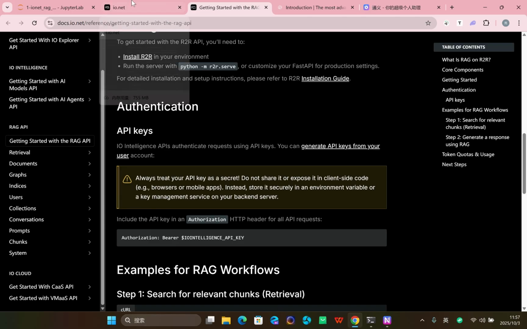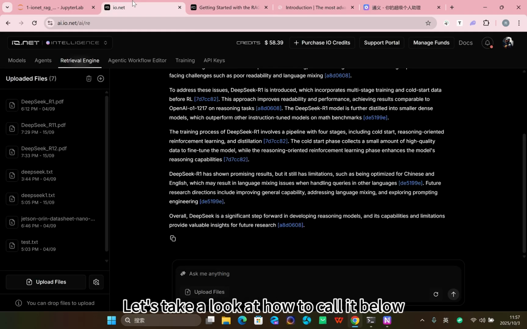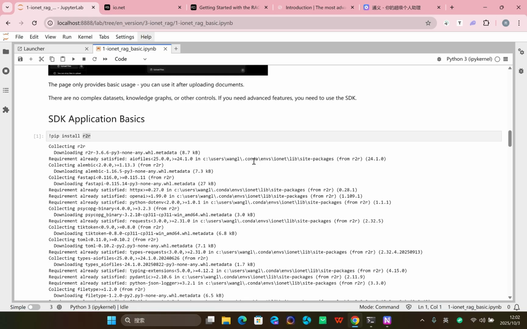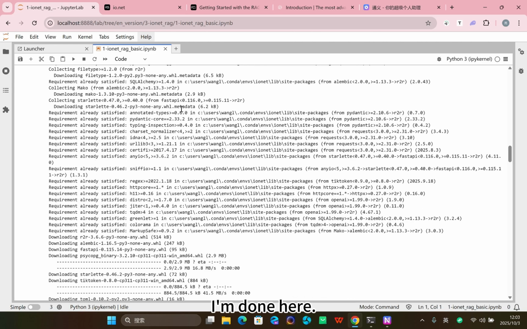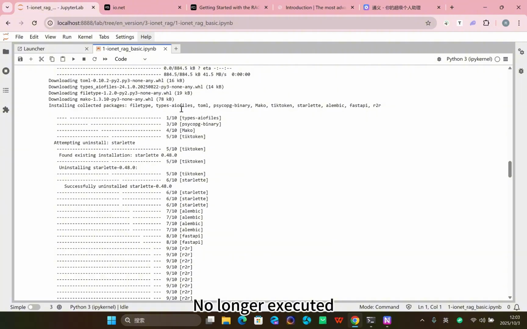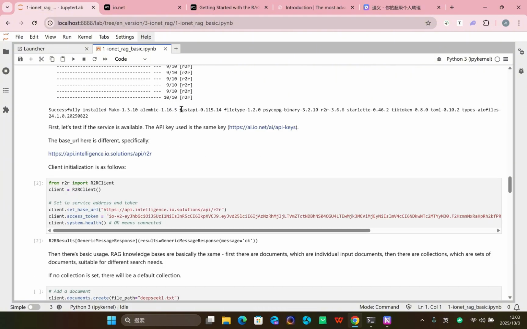Then let's take a look at how to call it below. We will use this SDK, and install it. Okay, I'm done here. Our key is the same key as before.